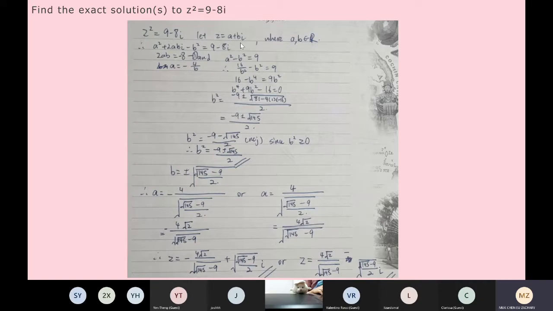So you let z equals to a plus bi, and then you have to write this again, either to remind yourself or to show the examiner that you actually know what you're doing. Okay, so a and b are always real. Then you expand it like we did just now, and then you simplify and manipulate to give yourself either one of the unknowns as the subject of the equation.